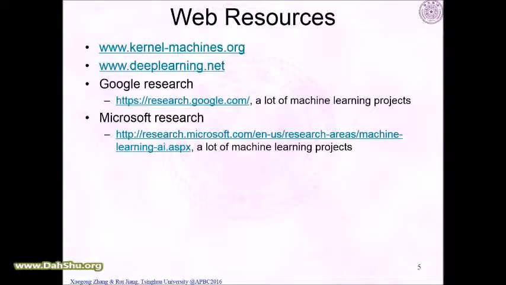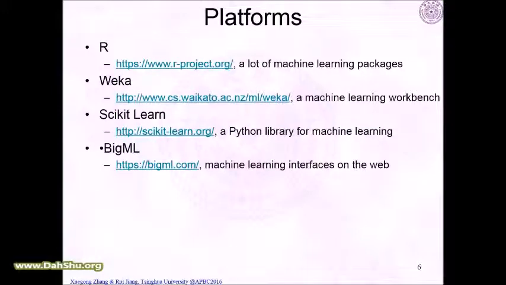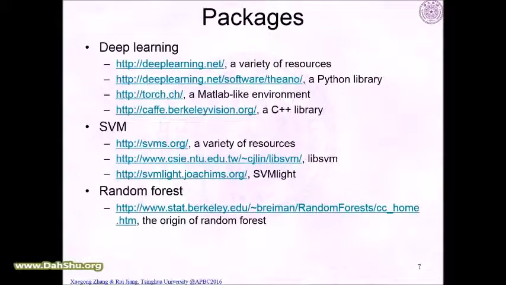For deep learning, there is deeplearning.net, which also collects a lot of resources. Google and Microsoft are sharing their platforms, and you can download the software to use. And there are packages in R, so you can check those out.